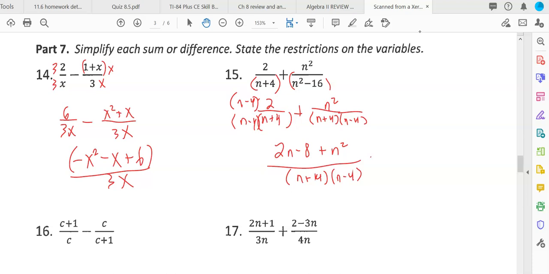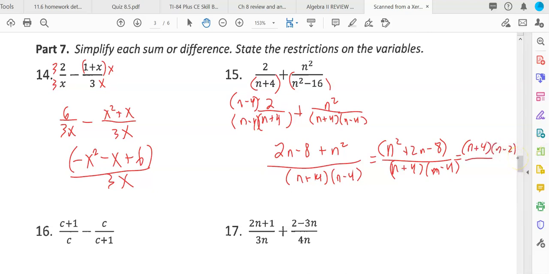Let's try to factor this. So this is n squared plus 2n minus 8 all over n plus 4, n minus 4. And I think it might factor. Let's see. So this would be, I guess, 4 and 2. Bigger number is positive, it's negative.